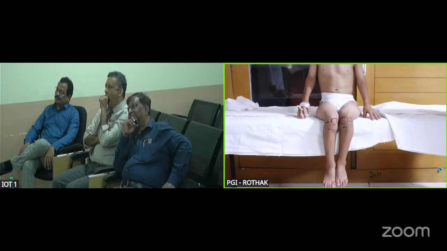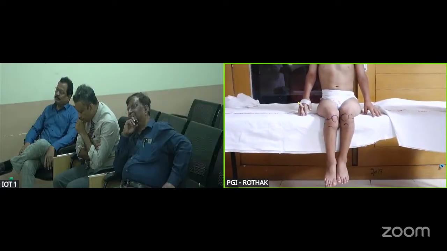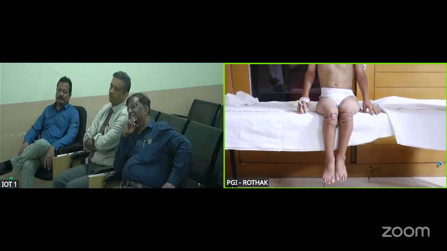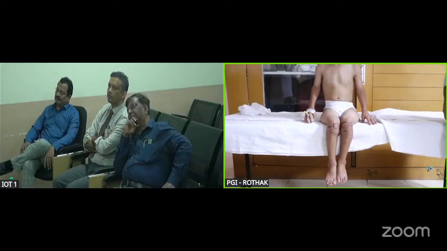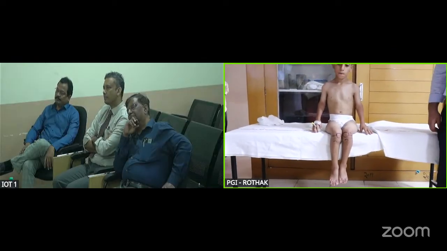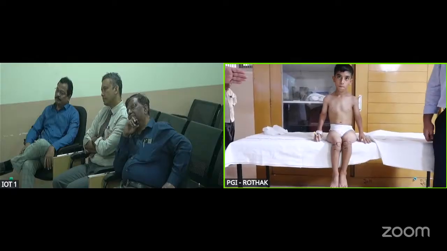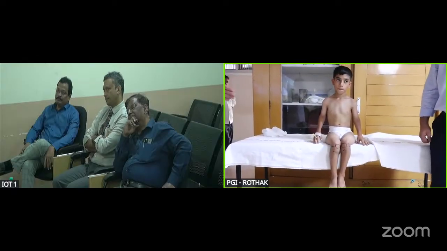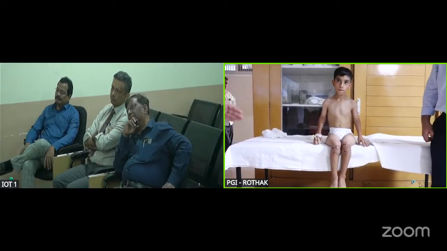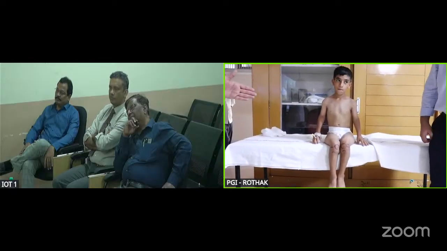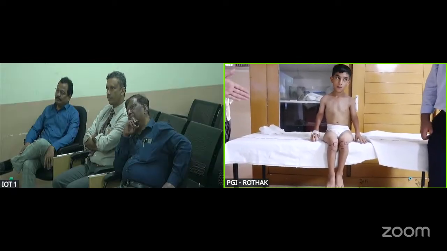It signifies that our deformity is on the femoral side. Why? Sir, because on flexion of the knee, the effect of the femoral part is gone. Now we can only see the tibial deformity, and there is no deformity.